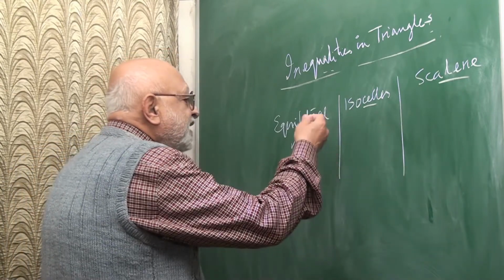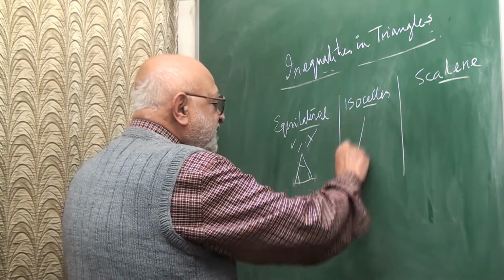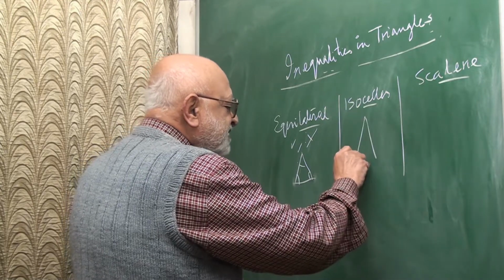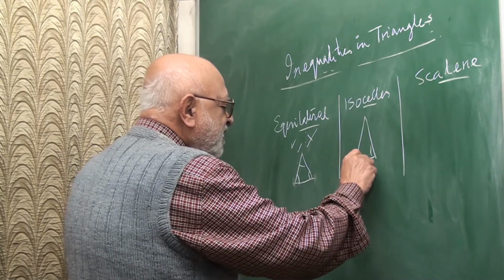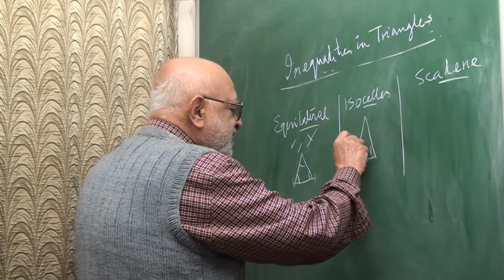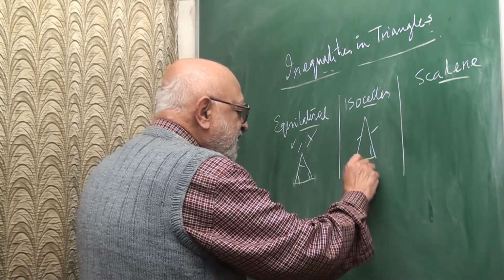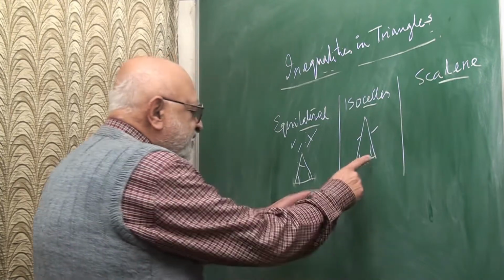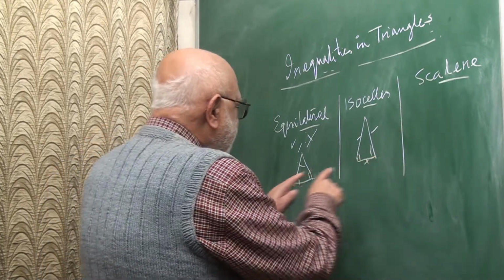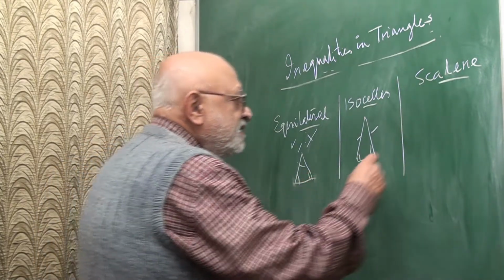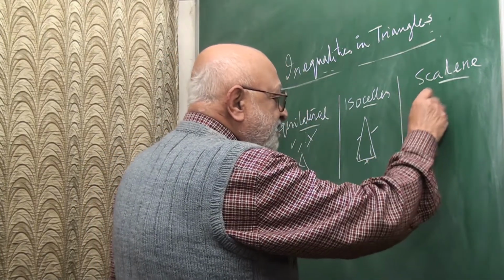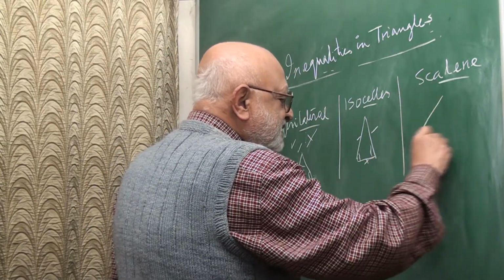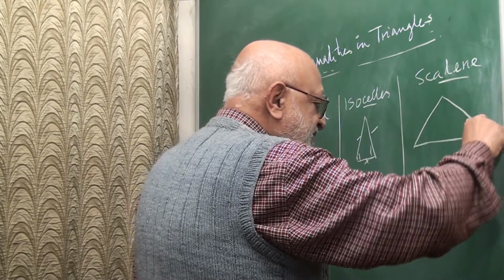In an isosceles triangle, yes, there will be some inequalities because only two sides and two angles are equal. If these two sides are equal, then the third side will not be equal, because if the third side became equal, it would be an equilateral triangle. Then there is the scalene triangle, which means all the sides and angles are different.